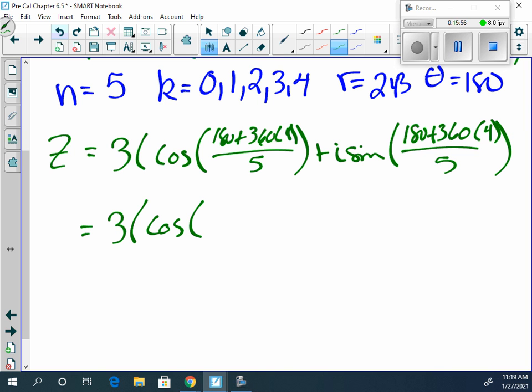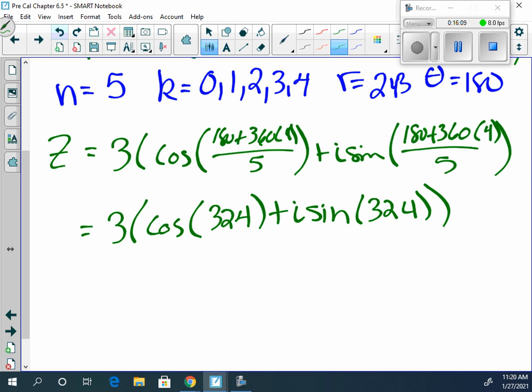Now if we do 180 plus 360 times 4, and if we multiply this out, we do get 2.427 minus 1.763i.